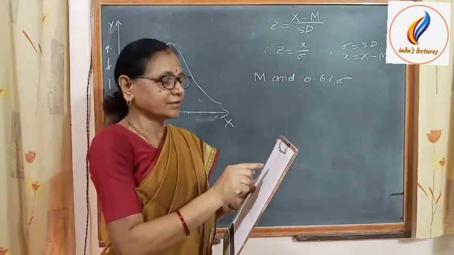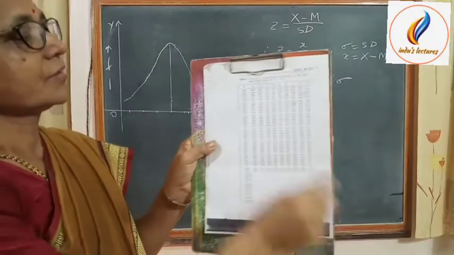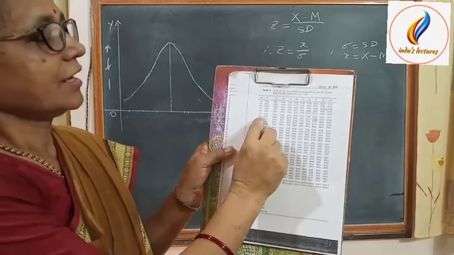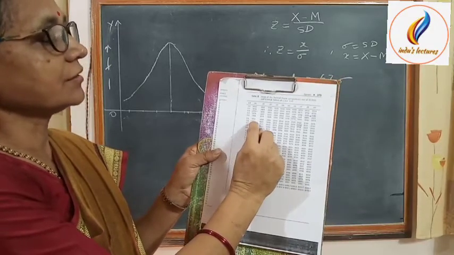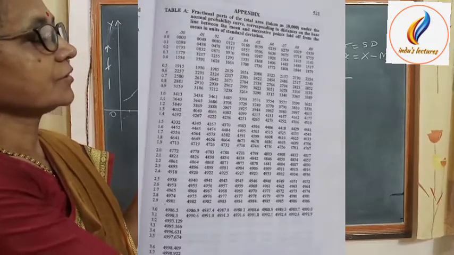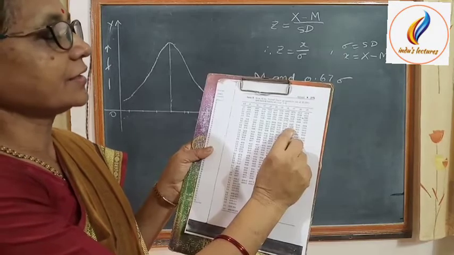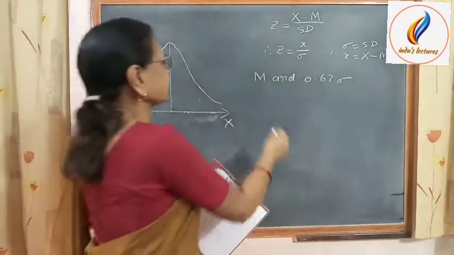So consider the first column x upon sigma and go down up to 0.6, and then move along the horizontal row up to 0.07. If we go to 0.07, then we find 2486 cases.